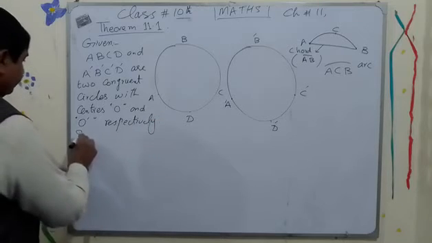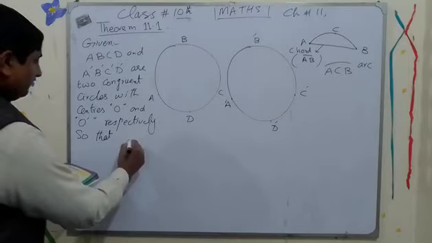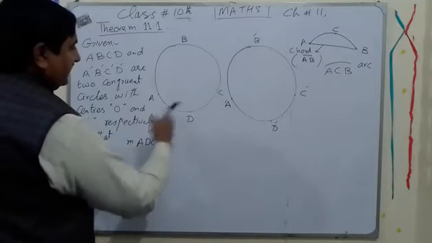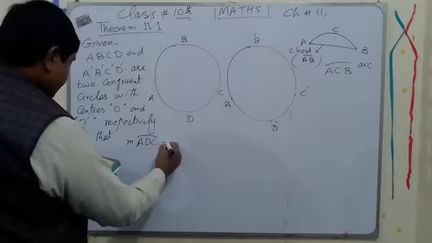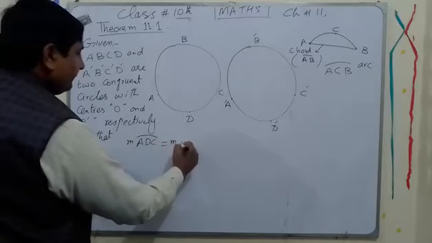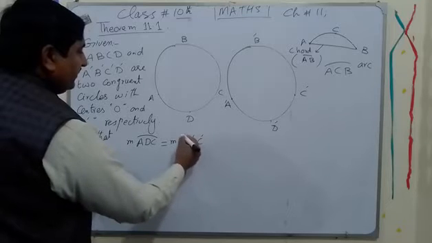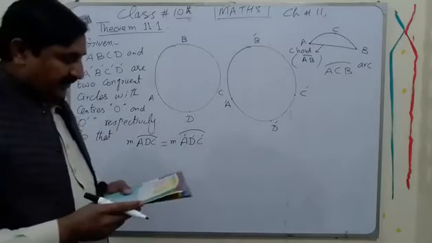So that measure of arc ADC, this arc, is equal to measure of arc A prime D prime C prime, this arc. This is what we have given here, right?